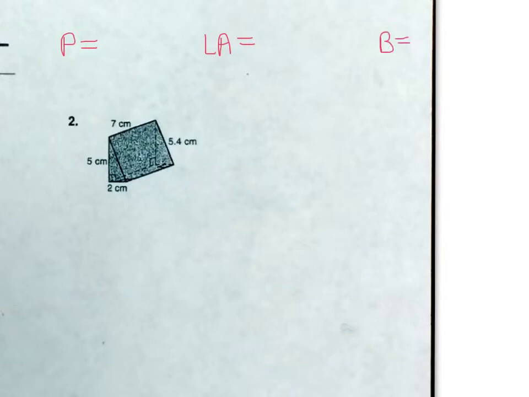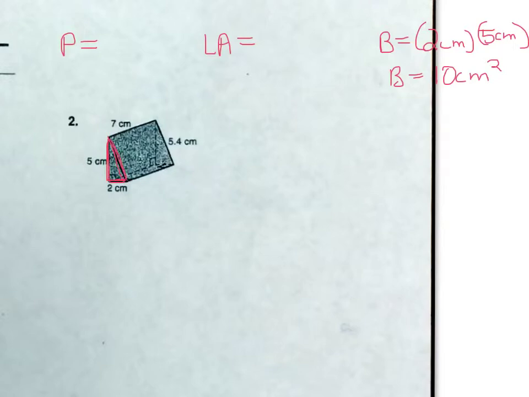So what's the base? Well, the base is a triangle. It's a 2 times 5 height. So the area of the base is 2 centimeters times 5 centimeters. The area of that triangle is 10 square centimeters. Now, for the perimeter, well, the perimeter, it's the length around that base.